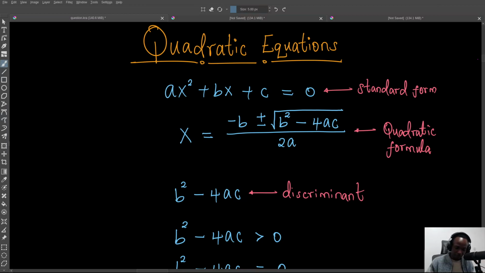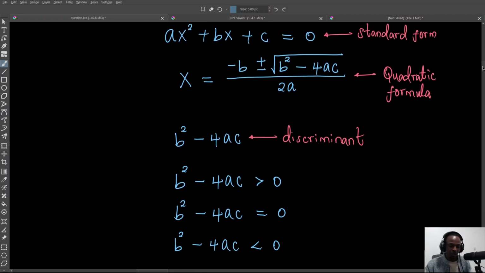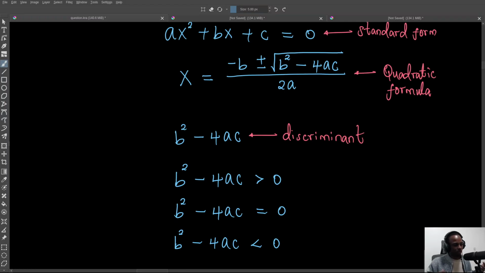Now tell me, you obviously know that we are looking for the square root of that discriminant in the formula, right? So tell me what happens when b squared minus 4ac is greater than 0. In that case, we are going to have the square root of a non-negative number. So probably the square root of something like 25, the square root of 50, the square root of 100, etc. Point is, it is a non-negative number.